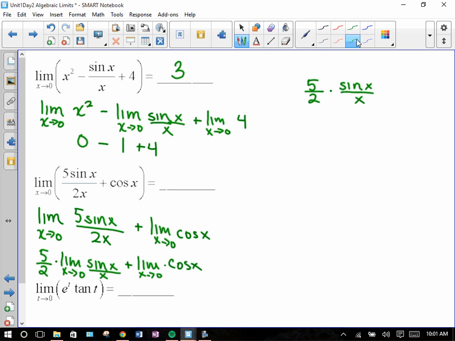So it's 5 over 2 plus 1. Can you do that? Good. 7 over 2. 5 over 2 plus 1 is equal to 5 over 2 plus 2 over 2.